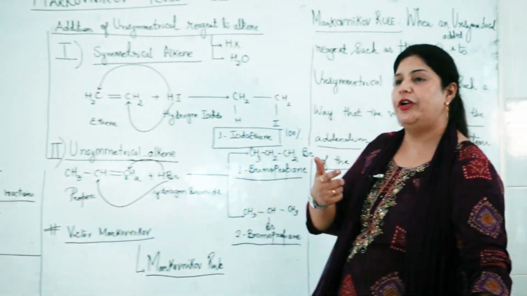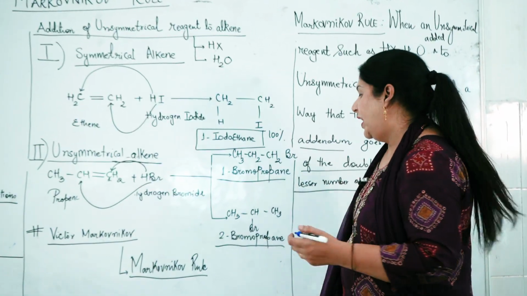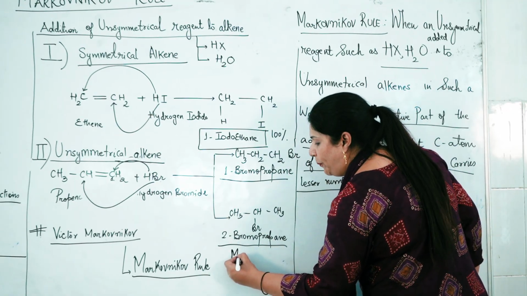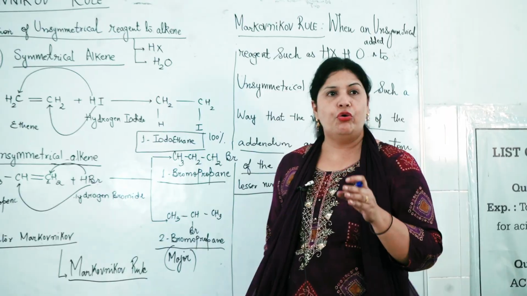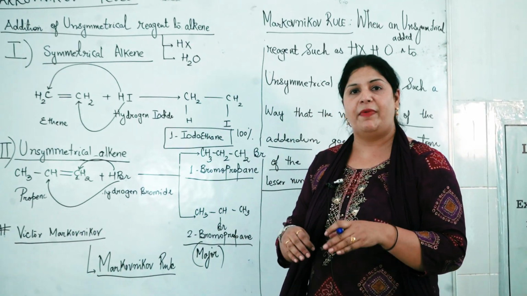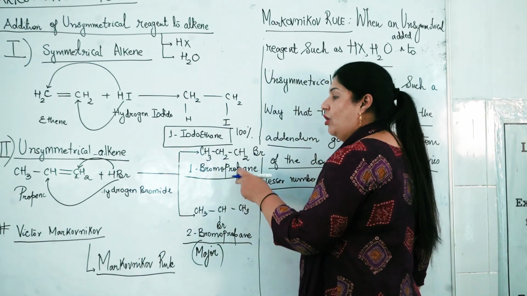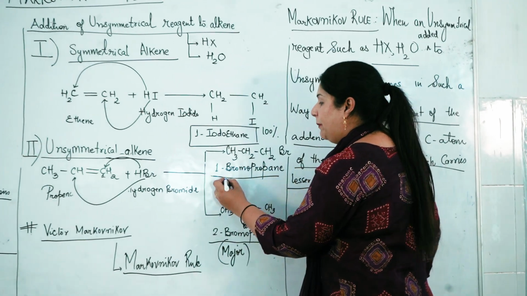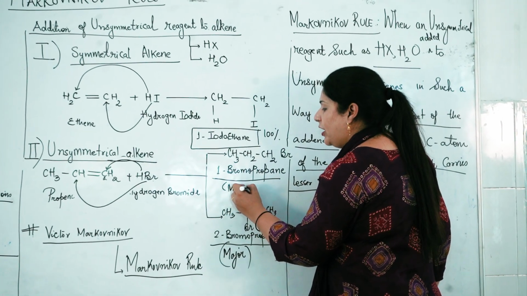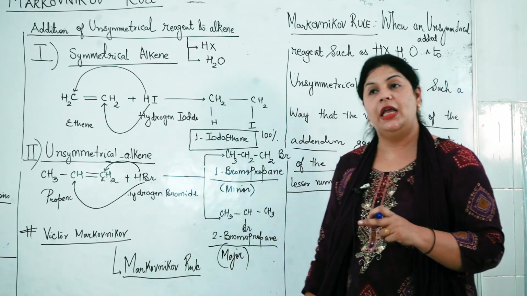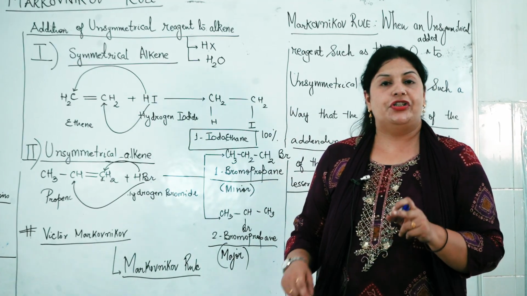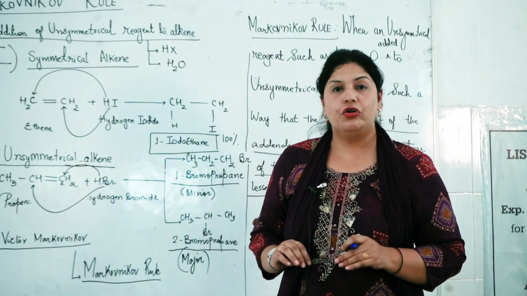So, which product will produce in major yield? It is 2-bromopropane. 2-bromopropane will produce in major yield, it is the major product, while 1-bromopropane will be the minor product. This was the rule which was given by Markovnikov, which is called as Markovnikov rule.